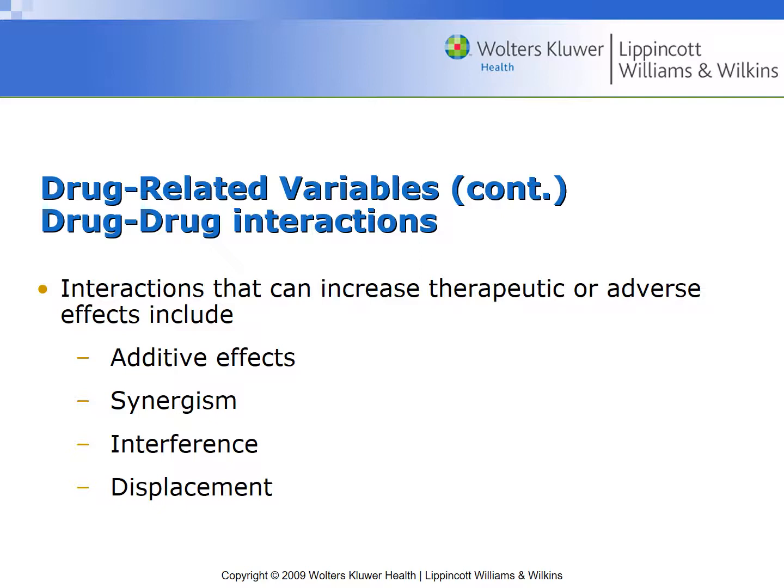It gives you a good example in your book there about aspirin and a blood thinner. So aspirin can displace warfarin, which is a blood thinner, and it can increase the drug's clotting and anticoagulant effect. Okay, so we want to be really careful with that. Displacement we want to avoid.